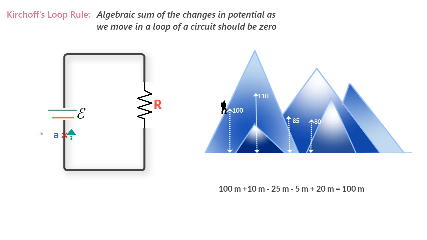We'll take A as the start and assume the potential here is VA, quite like the initial height at which you started your mountain trek, and move in a clockwise direction till we are back at A. And while we do so, at each step we'll note the gain or loss of potential, again quite like the gain or loss in height during your trek.